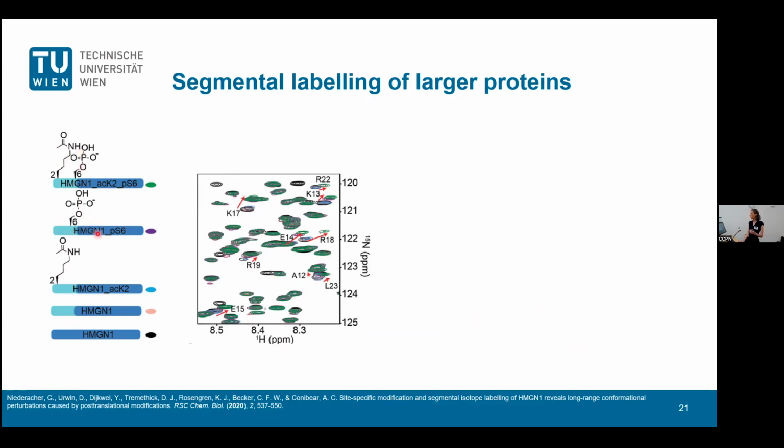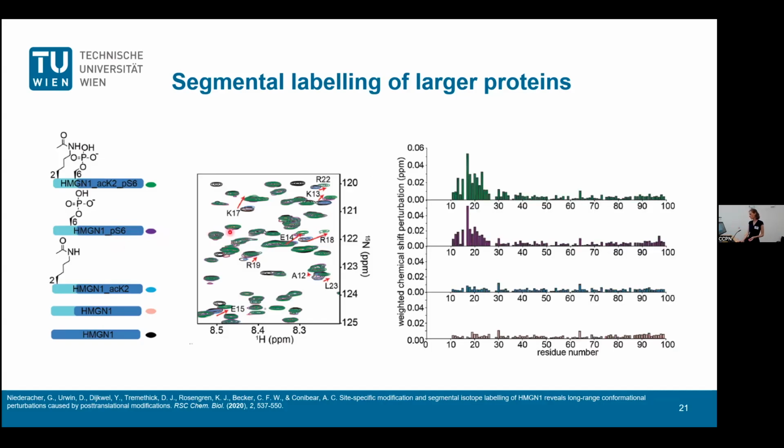And here, of course, remember, we're looking at changes in the recombinantly expressed labeled part caused by modifications in the unlabeled synthetic part. So these are fairly long range and very small, but we think significant, in terms of specifically the phosphorylation at serine 6 causing some chemical shift perturbations in the nucleosome binding region.